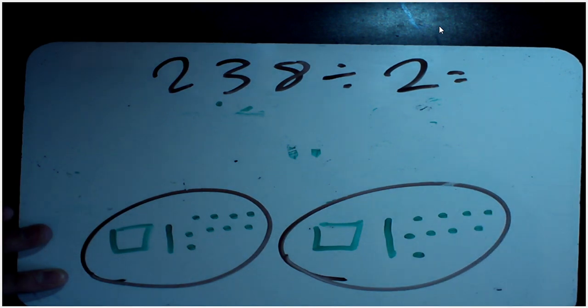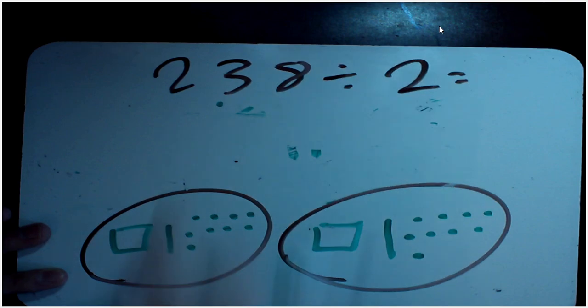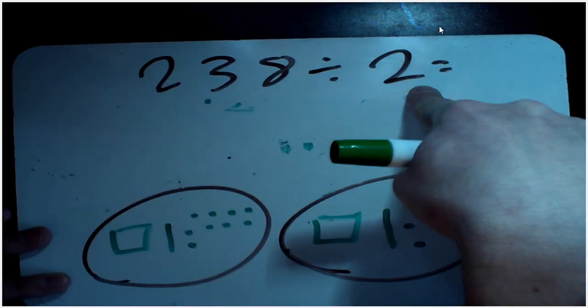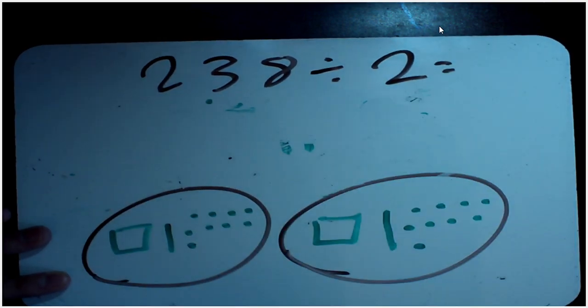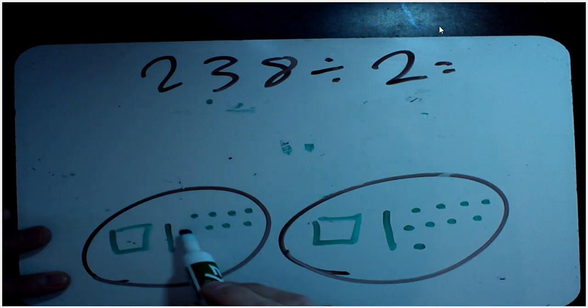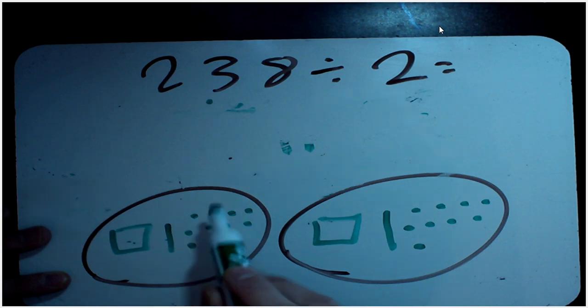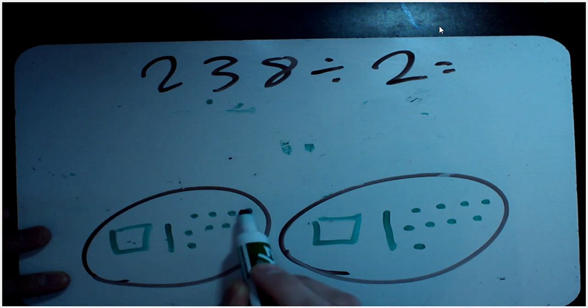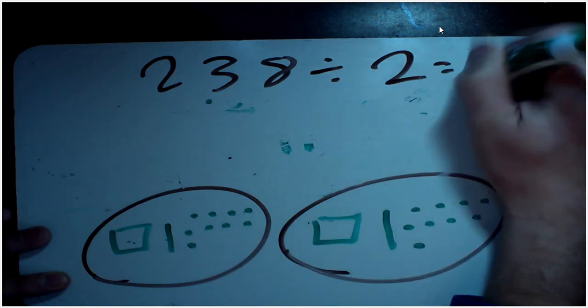So I definitely have checked my work. I have 238 split evenly into two groups. So what is my quotient? 119, right? 100, 110, 111, 112, up to 119.